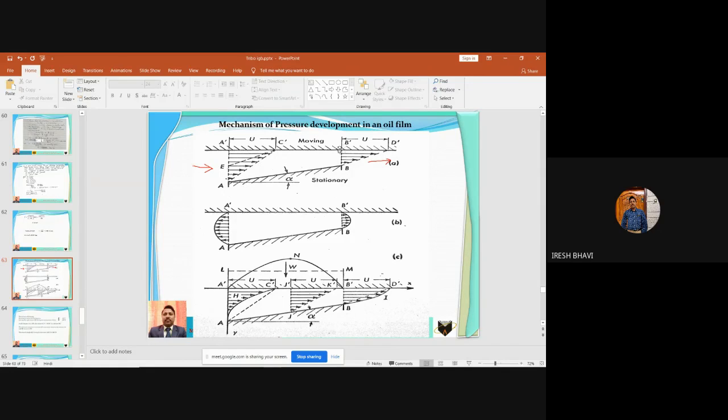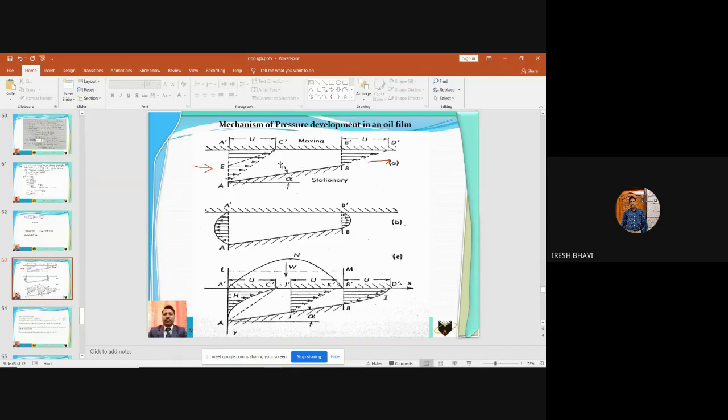Hence, as more quantity of fluid is entering and less quantity is leaving, more liquid gets filled inside this surface, and due to that there will be pressure built up in this region.